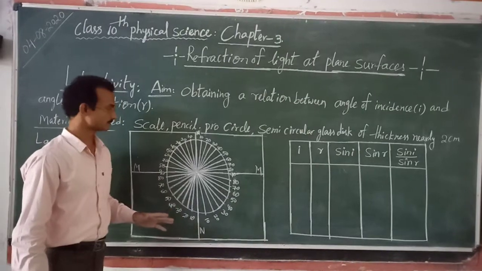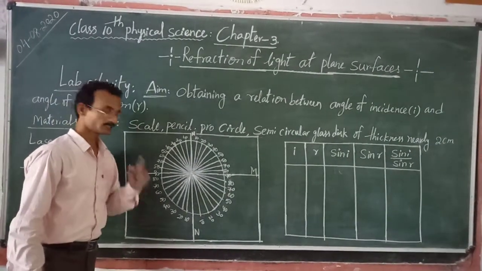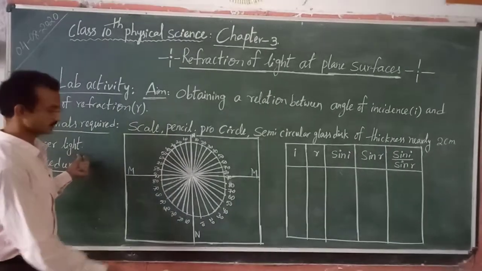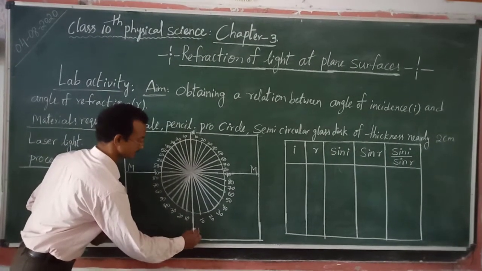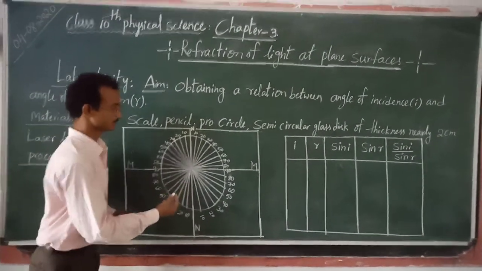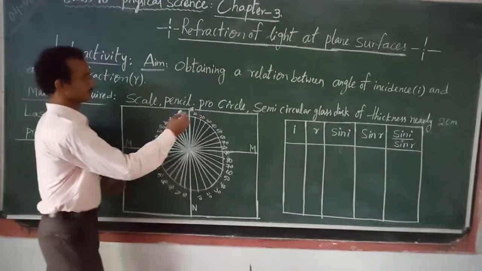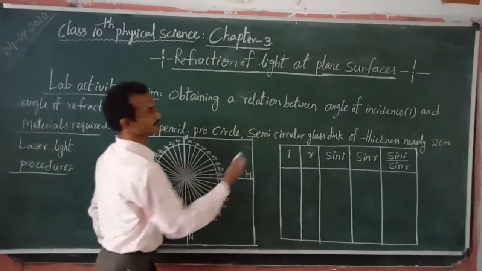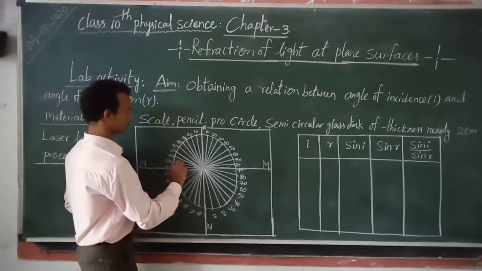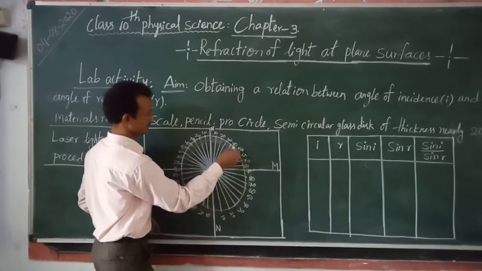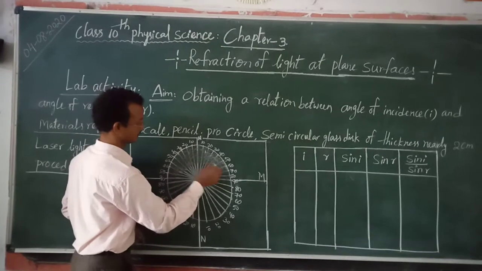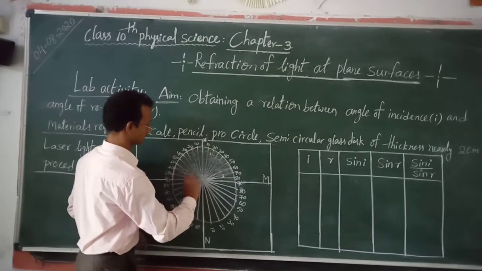Now the next step is to take a laser light and point the laser light on the NN line. Before that, we have to place the semicircular glass disc of thickness 2 cm on the MM line as shown in the figure, in such a way that the diameter of the semicircular glass disc coincides with the line MM.